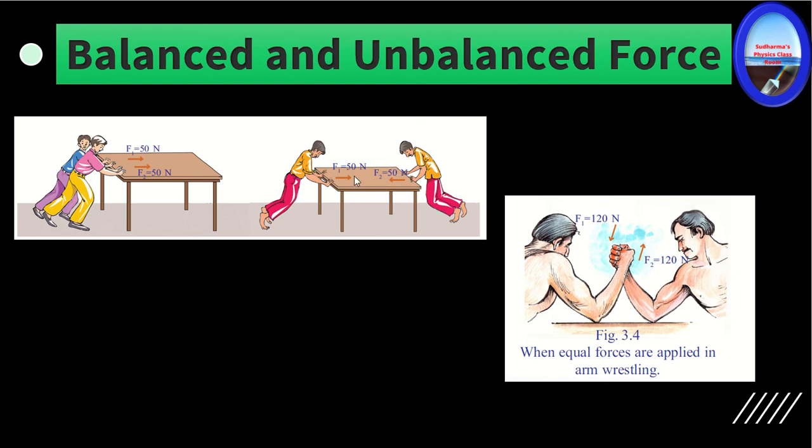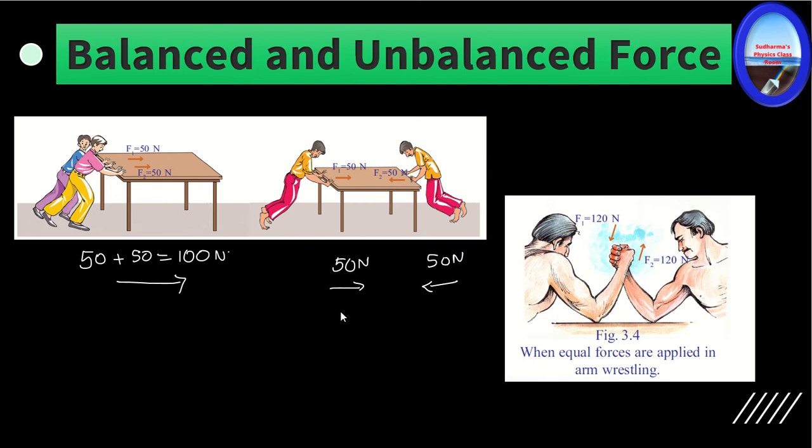So what happens in this case? Here there is an effect of total force of 50 plus 50, that is equal to 100 Newton acting in this direction. This is the direction of application of the force on the table, so the object starts moving in that direction. In the second case, 50 Newton is applied in this direction and another 50 Newton in the opposite direction.